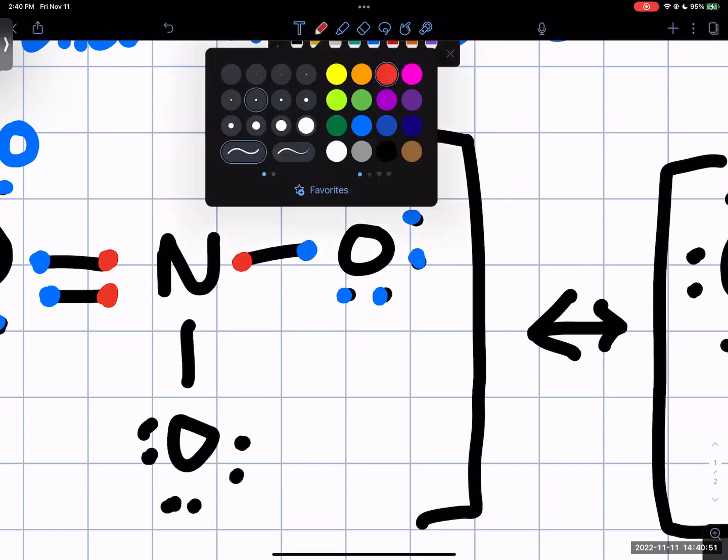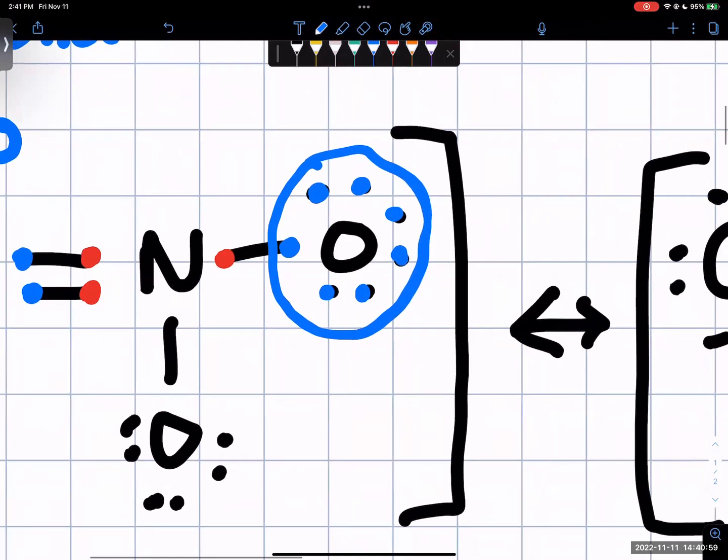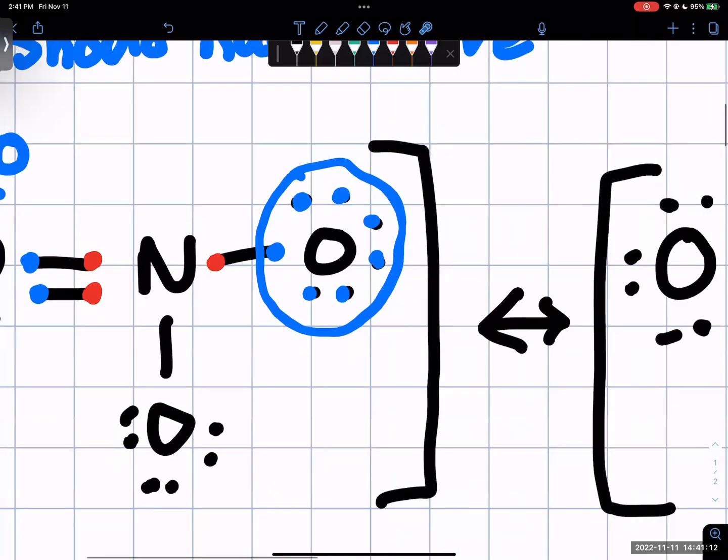So again, we only look at the electrons that oxygen actually owns. So it only owns these, and it's sharing that red one from nitrogen. So that would be 1, 2, 3, 4, 5, 6, 7. So in this case, oxygen actually owns 7 electrons.